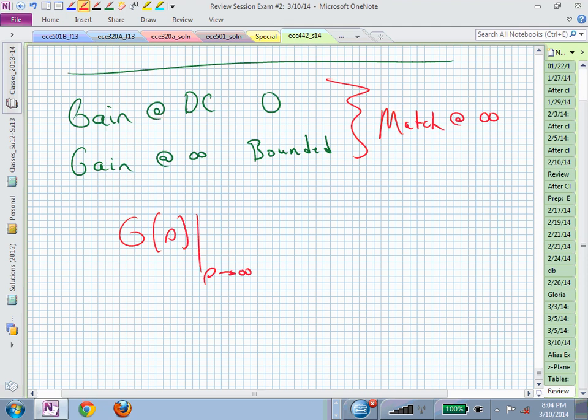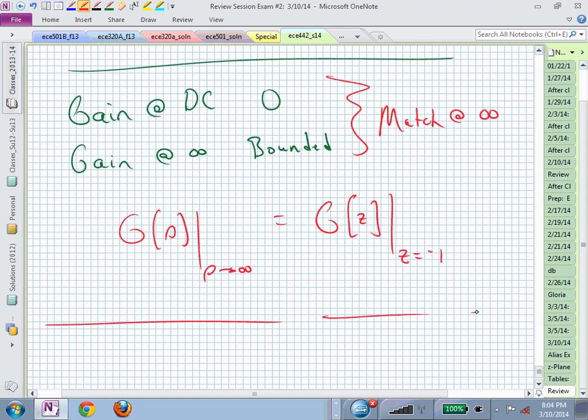Maybe you have the same order of numerator as you have denominator, and now you're just looking at the leading coefficients in the numerator and denominator, their ratio, to find what this gain will give you. And you set that equal to G of Z at minus 1. If those two fail, then you decide where you match the gains. Okay?